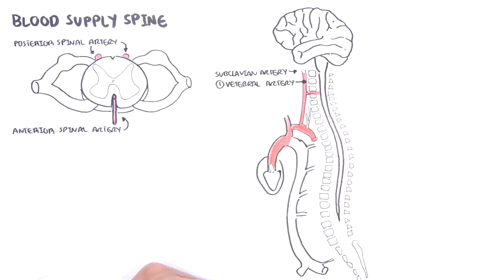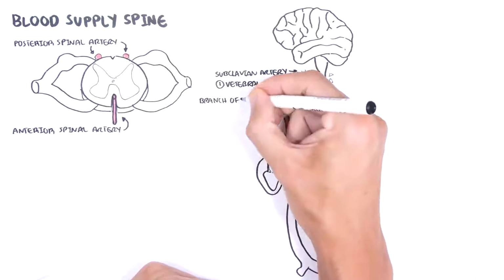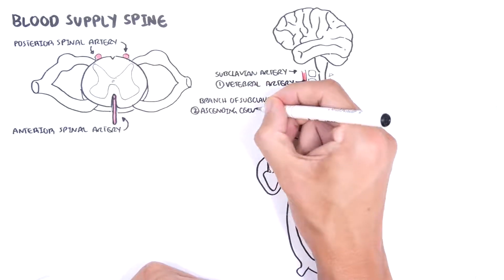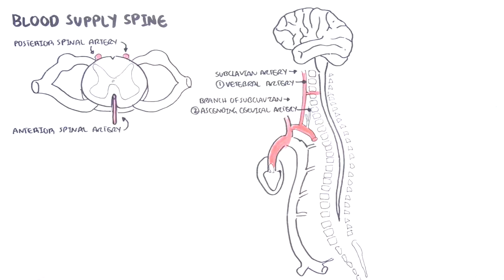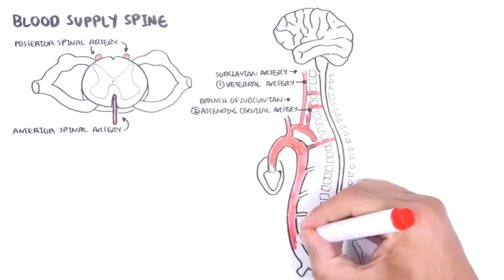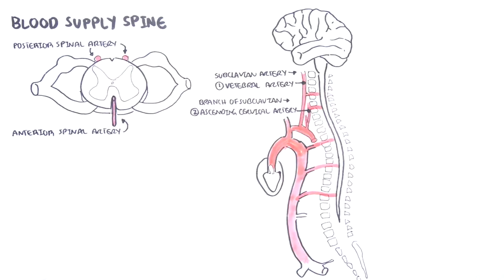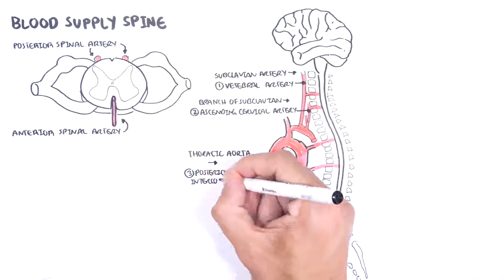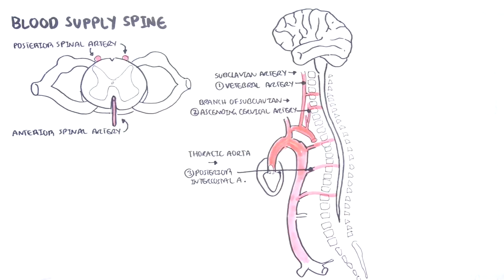The spinal arteries also arise from a branch of the subclavian artery called the ascending cervical artery. On the thoracic level, the thoracic aorta has branches called the posterior intercostal arteries, which we talked about, that give rise to the posterior and anterior spinal cord arteries.